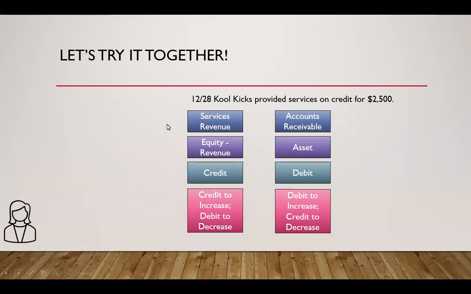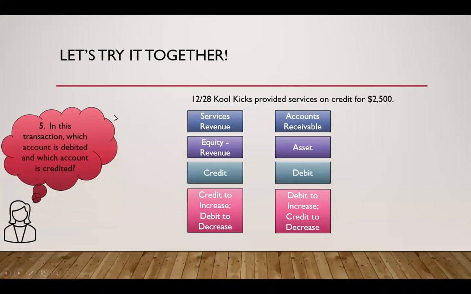So let's look at question 5, which is the best question ever. What's happening in this particular transaction? In other words, which account is being debited, which account is being credited. Now, accounts receivable, I'm keeping track of how much my customers owe me. So this account is going up. I'm debiting accounts receivable.